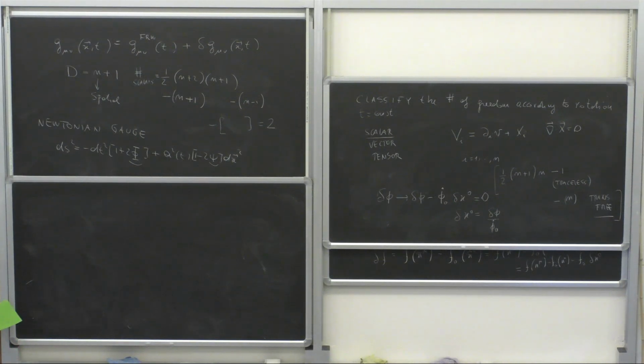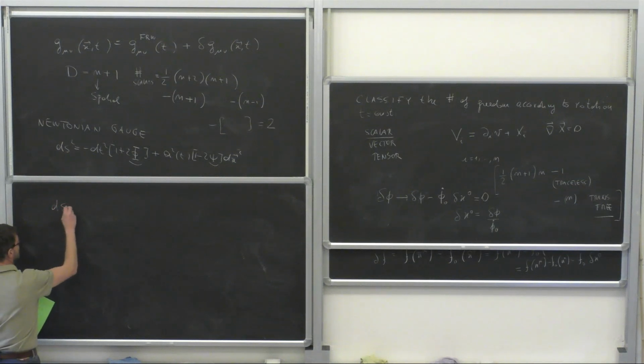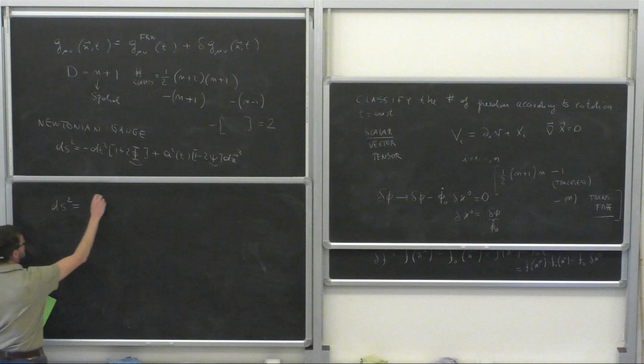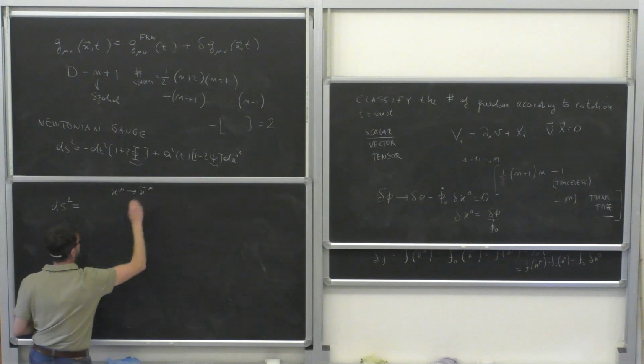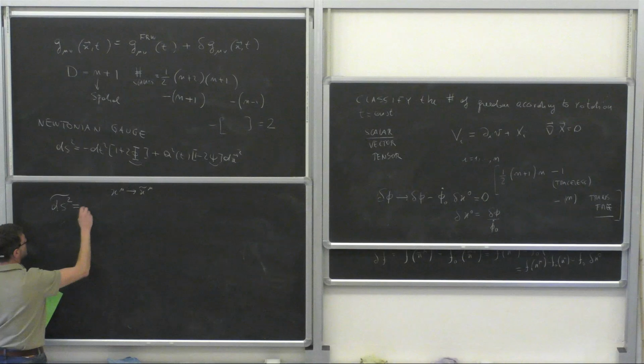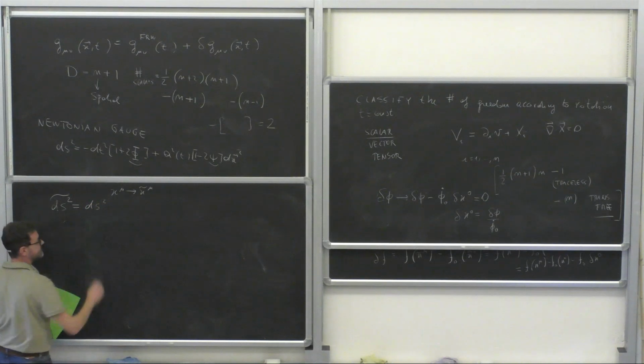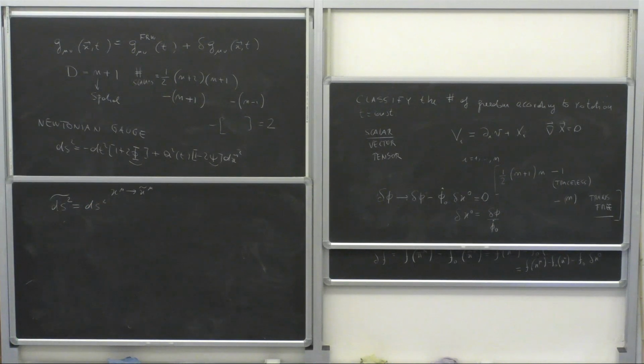You make a coordinate transformation, you have all the indices contracted. It is a mess. What I want to do now is use the fact that I know how the degrees of freedom in the metric transform, because if I change my coordinate system from x mu to x tilde mu, I know that ds tilde square has to be equal to ds square, because ds square is a scalar.